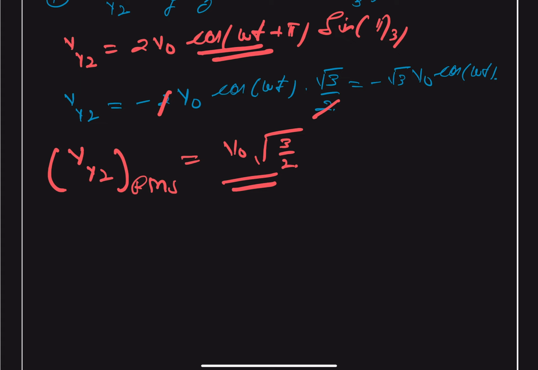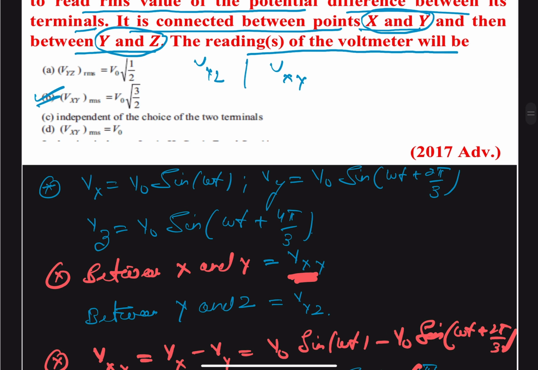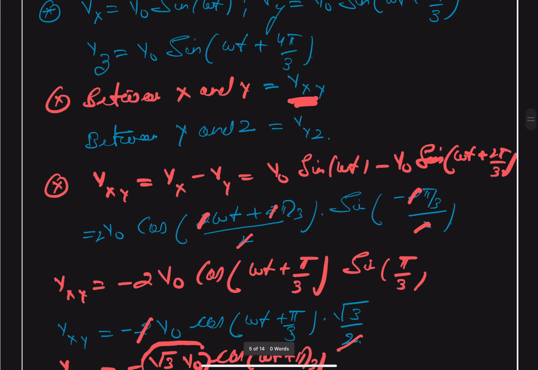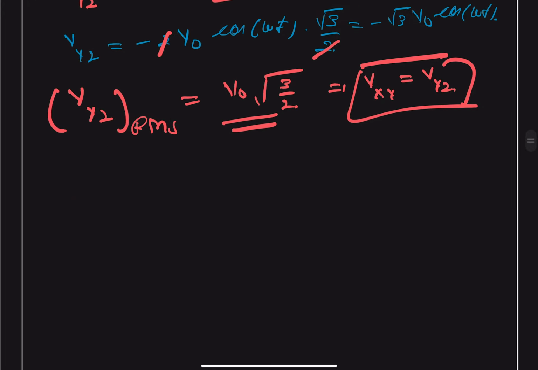Okay. So from here we can at least say that both Vx is equal to Vz. So option number A is incorrect.